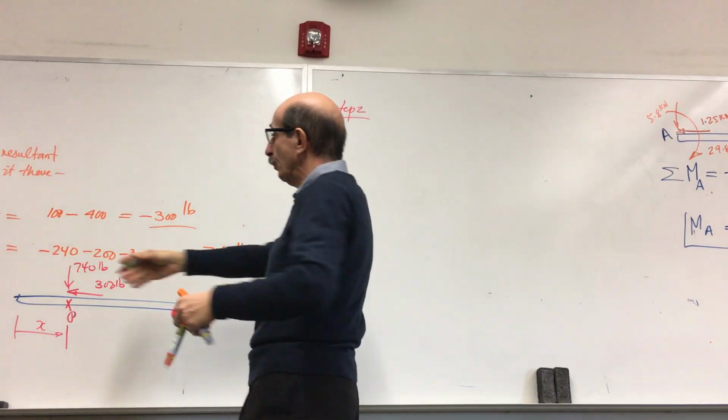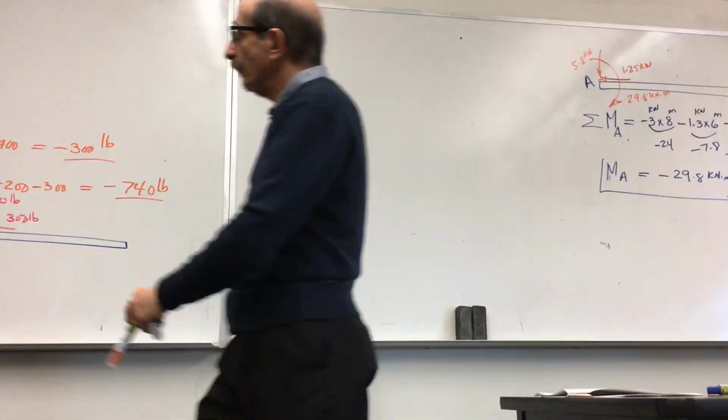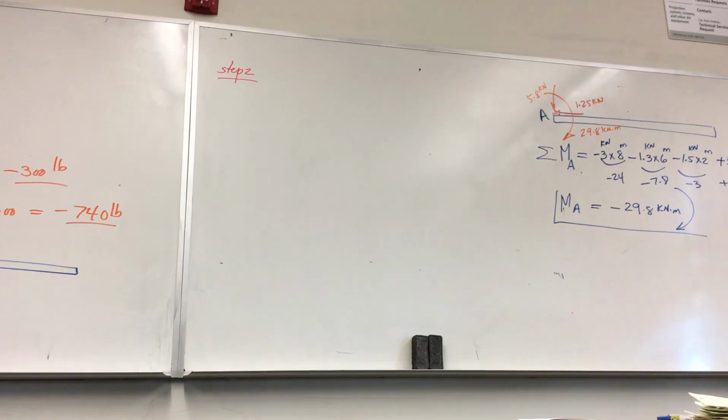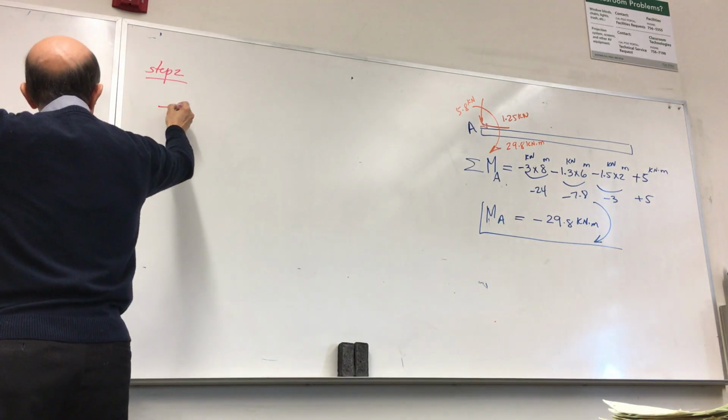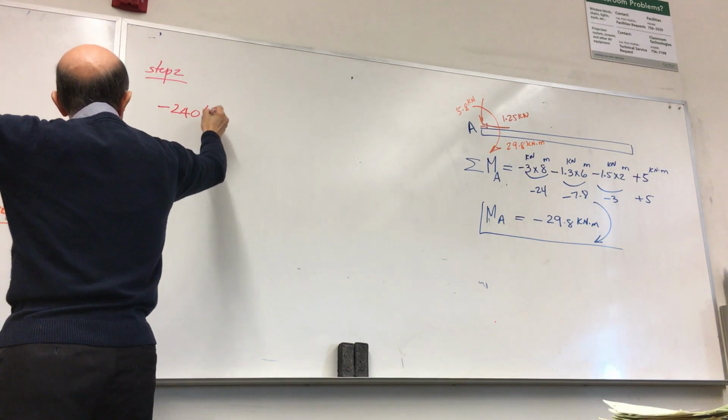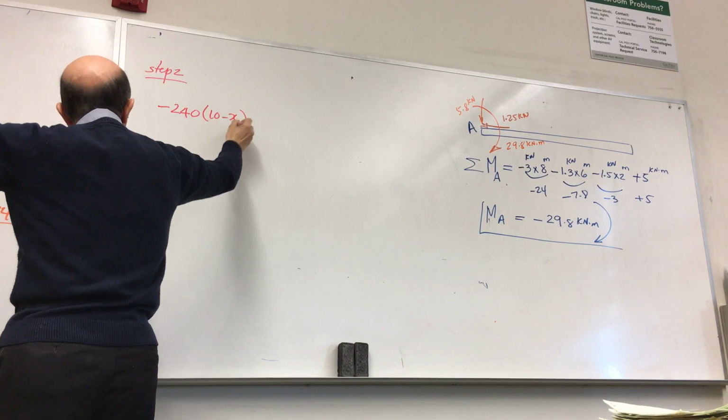We just assume that we know where that point is. So we find the moment of each force about that point. So let's just start with this force of 240. It acts clockwise, and the distance from here to this point is 10 minus x. That's all. So you have a moment of negative 240 times 10 minus x.